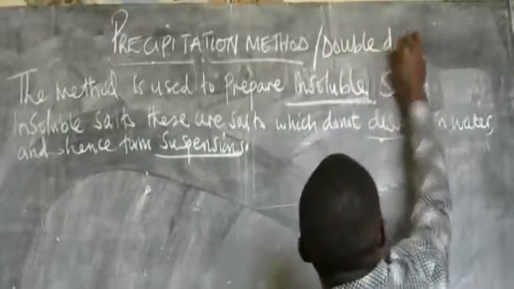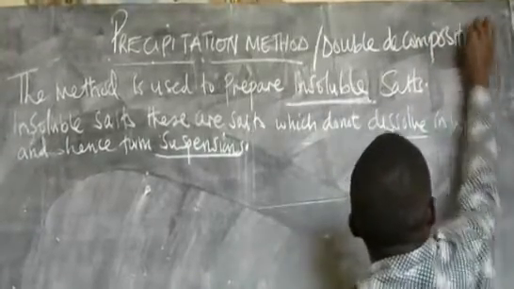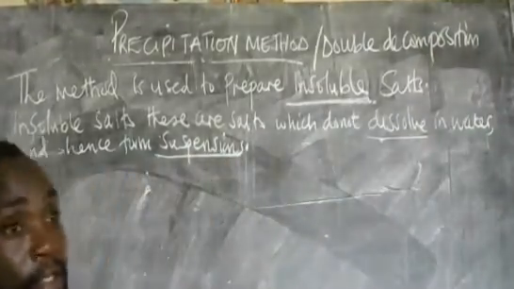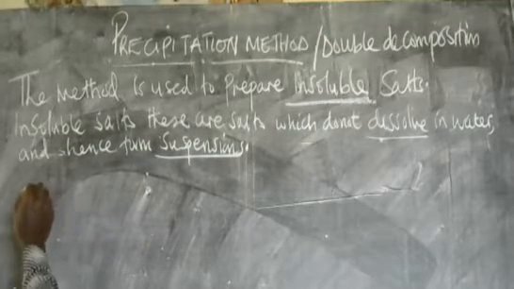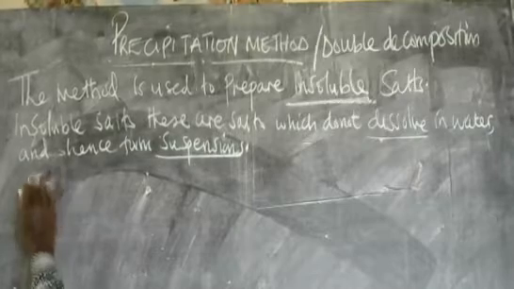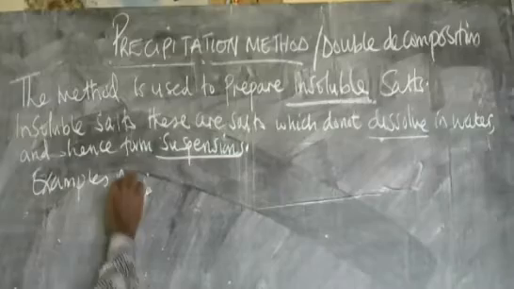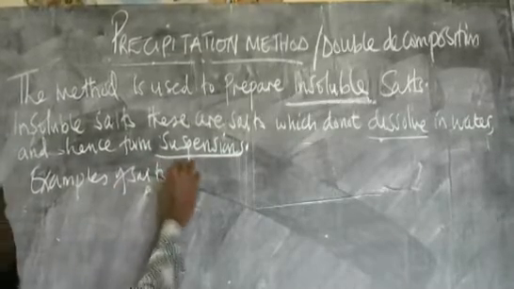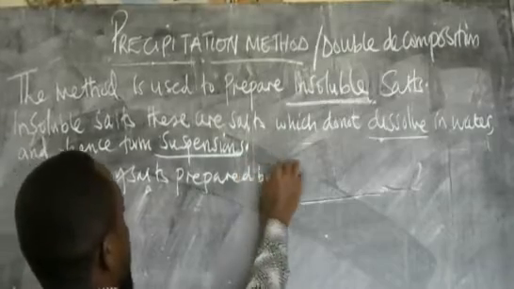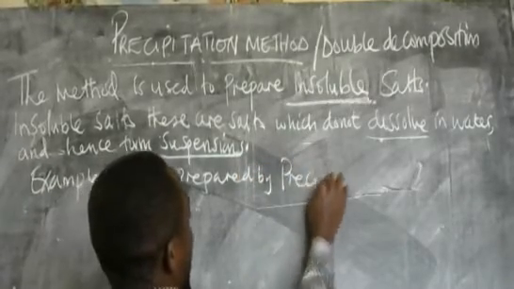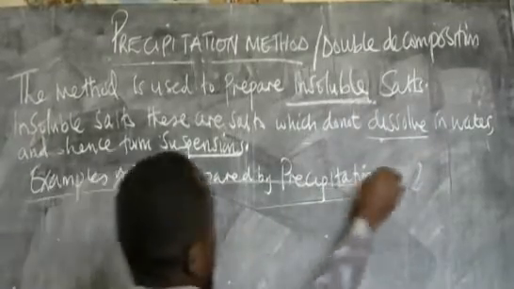This method of salt preparation is applied when we are preparing salts. Examples of salts prepared by precipitation method.